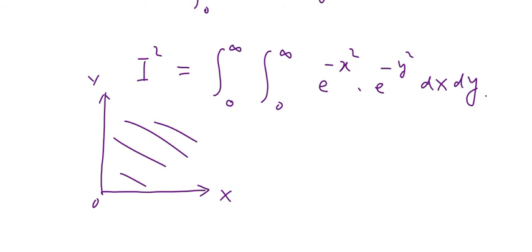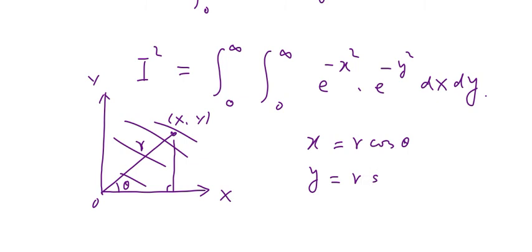So we change the rectangular coordinates to polar coordinates. Suppose this point is (x, y), and this (x, y) can also be determined by this angle theta and this length r, right? Like x equals r cosine theta, y equals r sine theta.